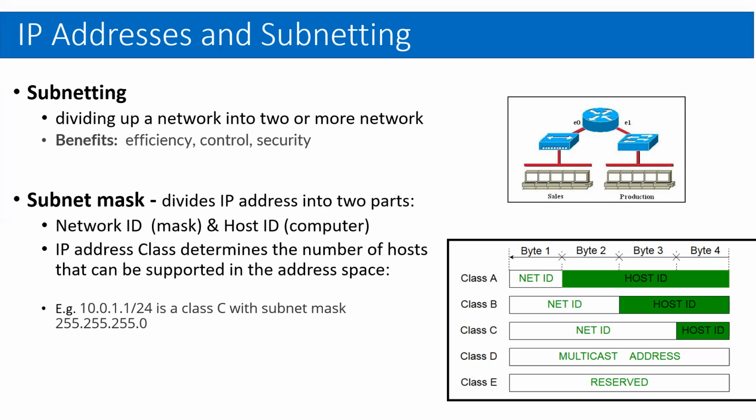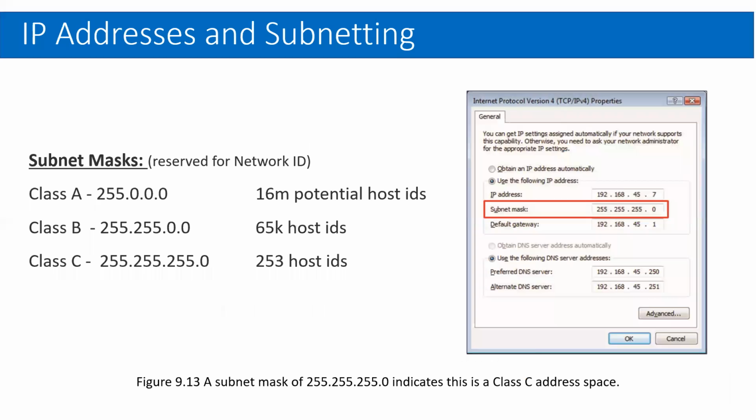Is it the first byte, the first 8 bits? Is it something else? Now, don't get hung up on the subnet mask. I'm going to point specifically to what I want you to look at on the next chart. But essentially, the subnet mask says where the network address is. If you're looking at the entire IP address, what portion of that is my network? Okay.